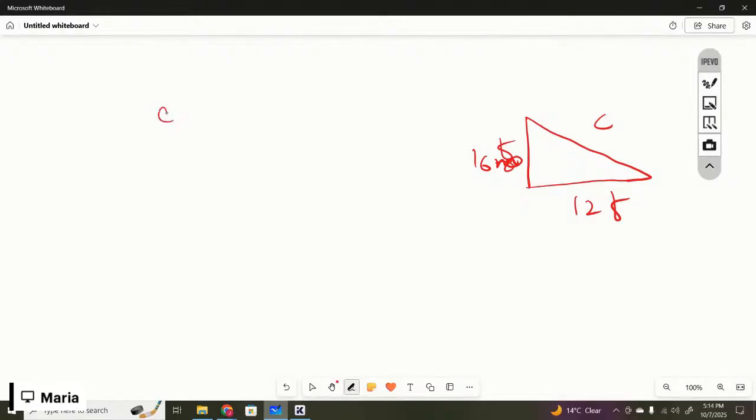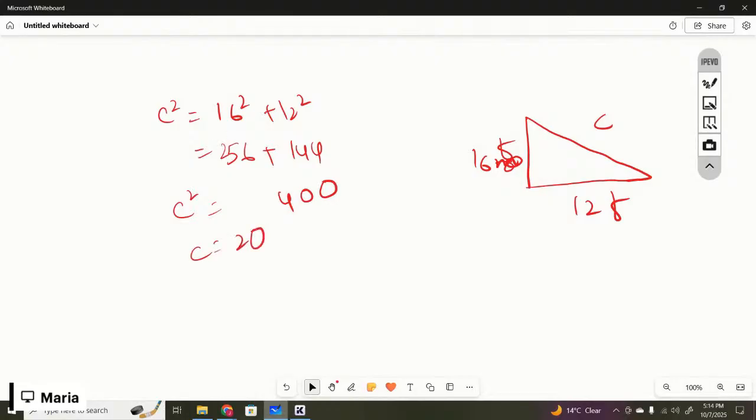So you need to calculate the C also. So C square equals 16 square plus 12 square. 16 square is 16 times 16, which is 256, and 12 square is 144. So 6 plus 4 is 10, that is 400. C square equals 400, so C equals 20.